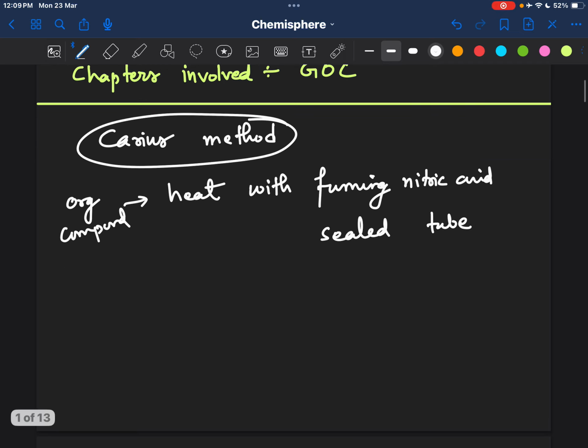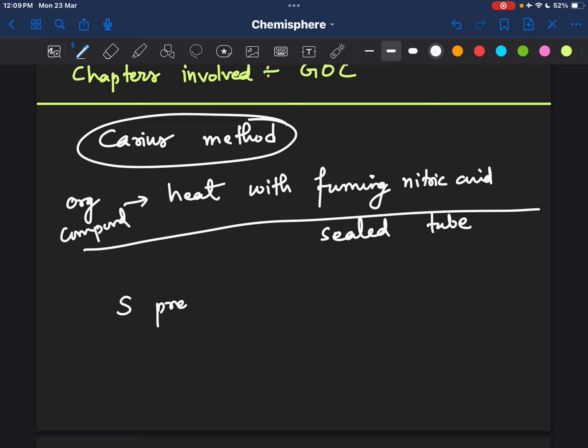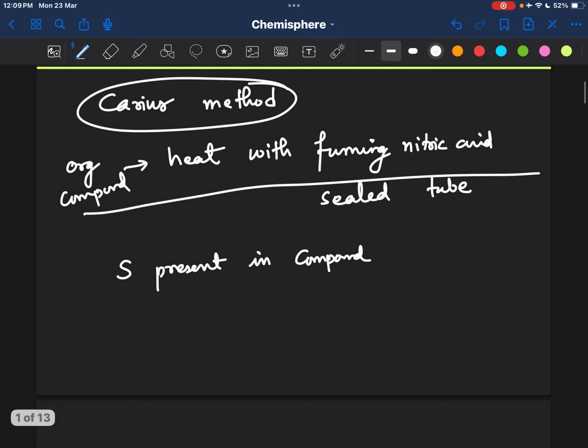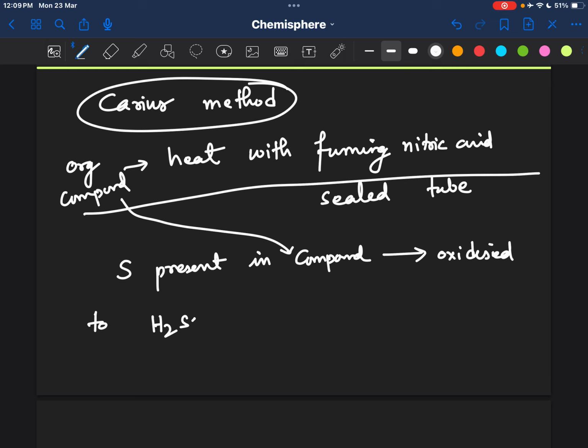Since we are doing this process, the sulfur present in the compound gets oxidized to sulfuric acid, that is H2SO4.